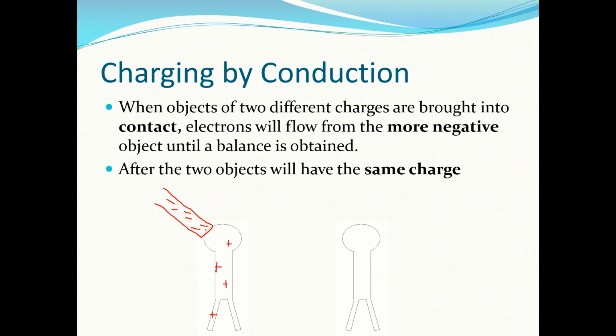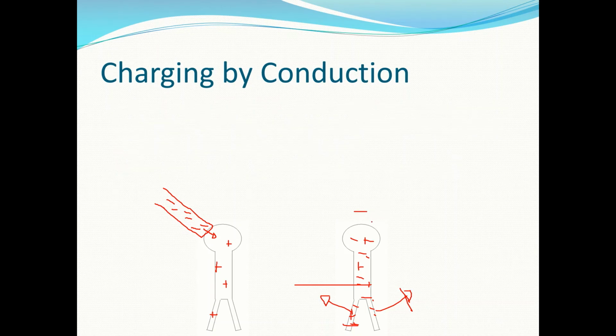But now, since this has a really, really negative charge and this is neutral, some of these negatives will flow onto here. So what's going to happen after is those positives will stay the same, but now this will be filled with a whole bunch of negative charges, and those leaves will spread apart, right? So in this one, it's actually become negatively charged.